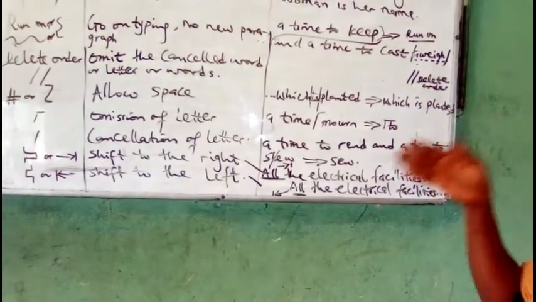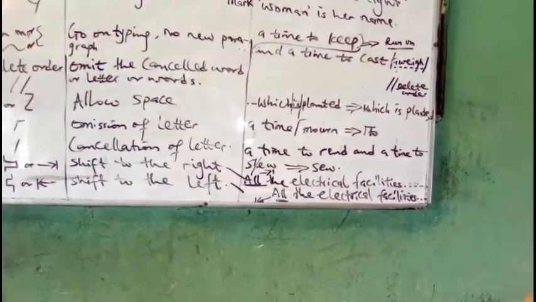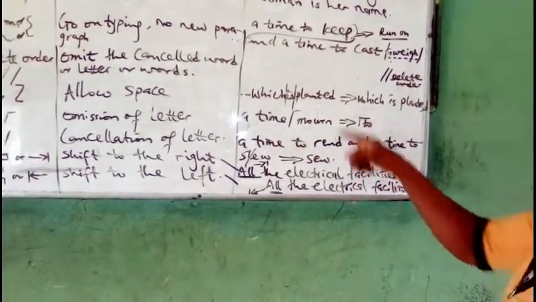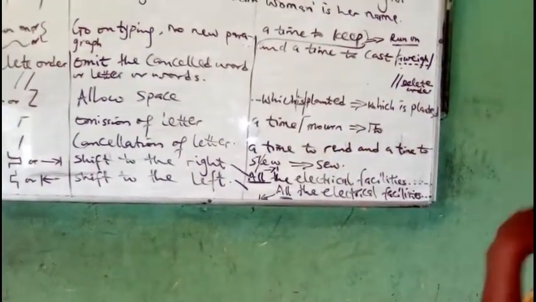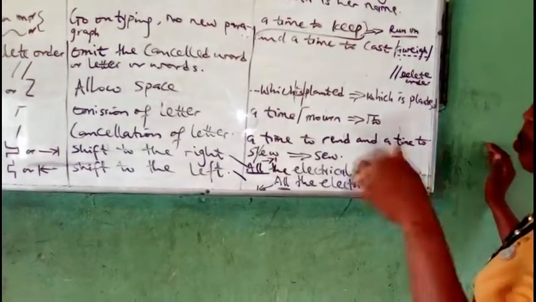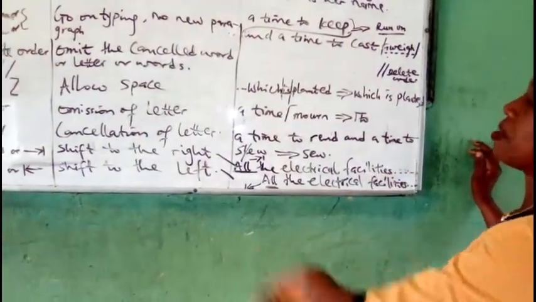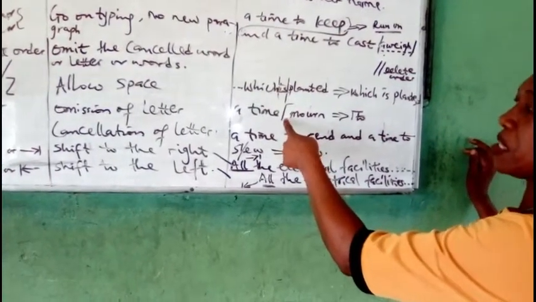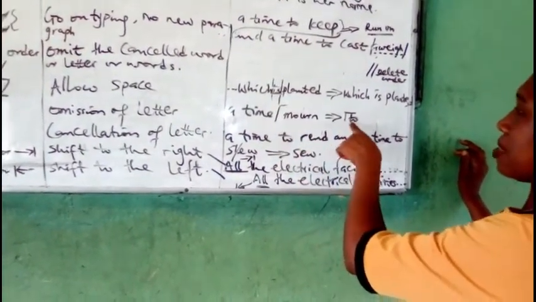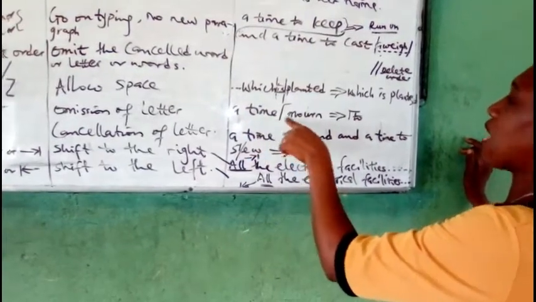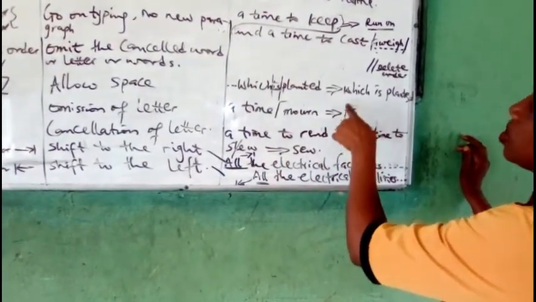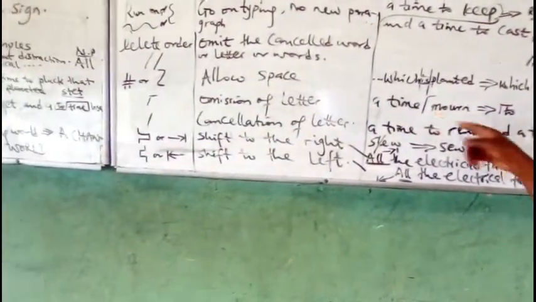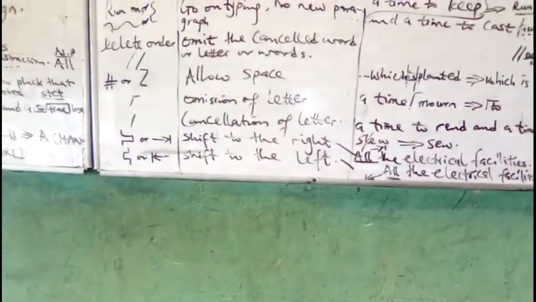But the reader who is giving the correction should put down the sign with the letter that is missing or the word that is missing. "A time more." You see that something is missing here, and that is "to". "A time to more." You put the sign with "to", telling you the thing that is missing here.